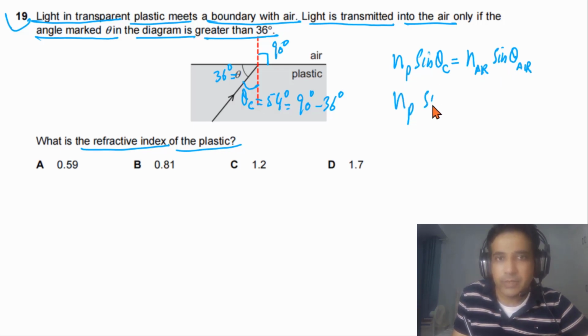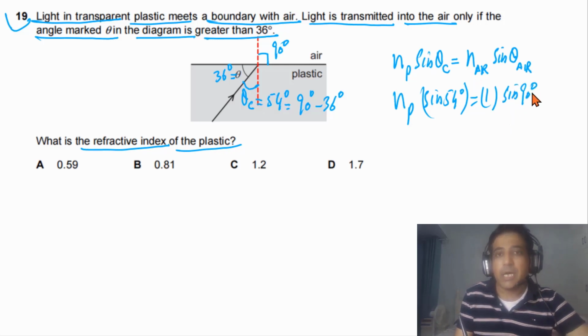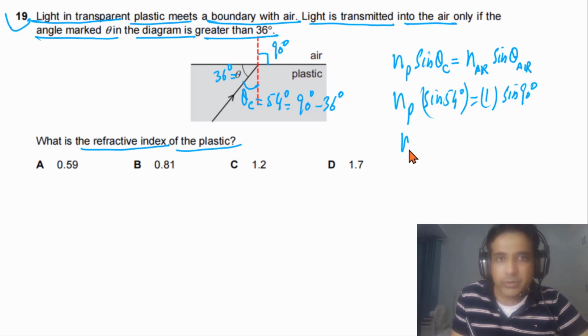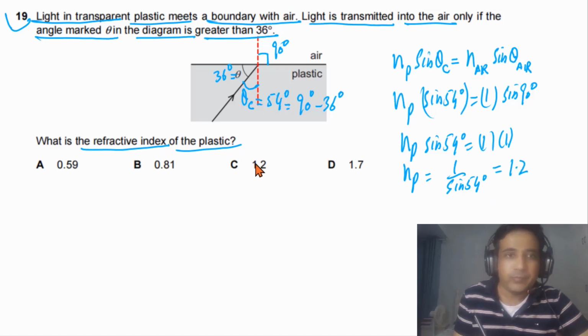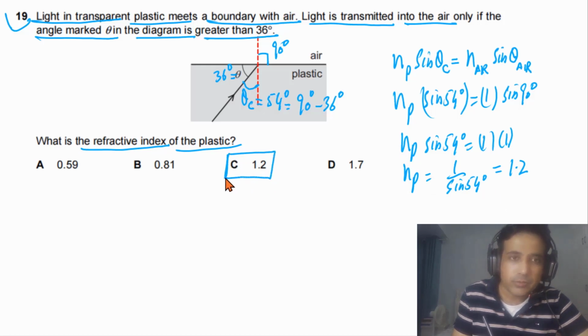We have sine of 54 degrees, but N for air is equal to 1, and sine of 90 degrees is also equal to 1. So we can rewrite this as NP times sine of 54 degrees equals 1 times 1. So NP is equal to 1 over sine of 54 degrees. If we solve this up to 2 significant figures, we will get 1.2. So the value of the refractive index is equal to 1.2.